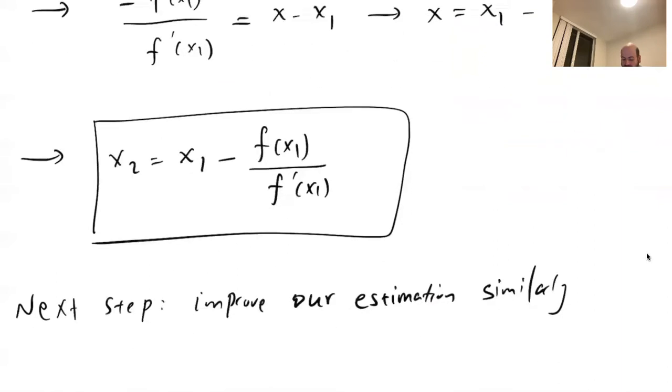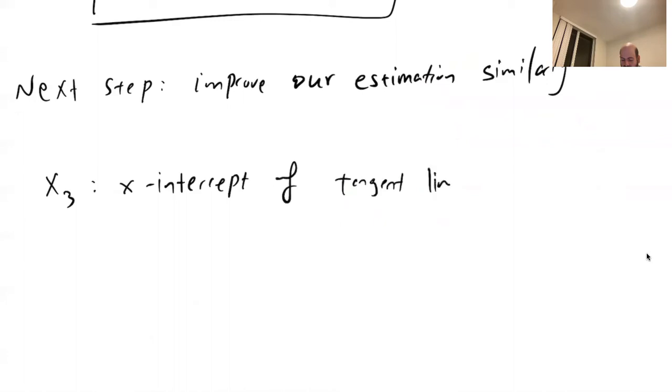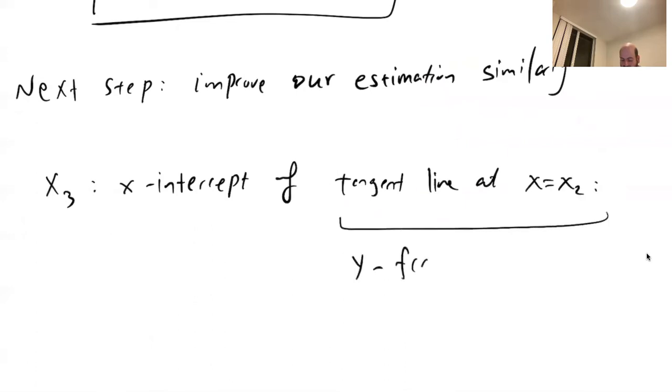So again, x3 will be the x-intercept of the tangent line at x equals x2. And the tangent line at x2 will be what? Y minus f of x2 equals f prime of x2 times x minus x2.